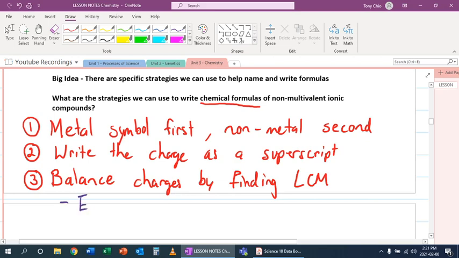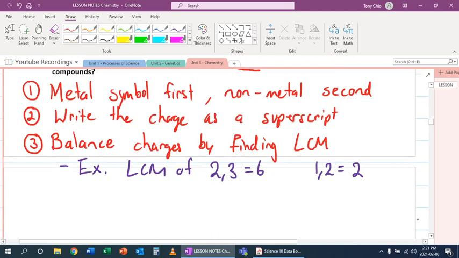So for example, the LCM of 2 and 3 equals 6. Or if you want to find the LCM of 1 and 2, that is 2, because 1 can turn into 2, and 2 is already the lowest common multiple for that. So that's what we have. We have to balance the charges by finding the LCM.